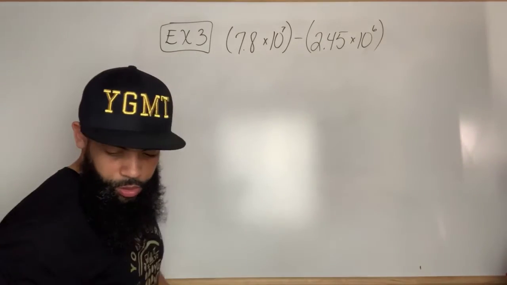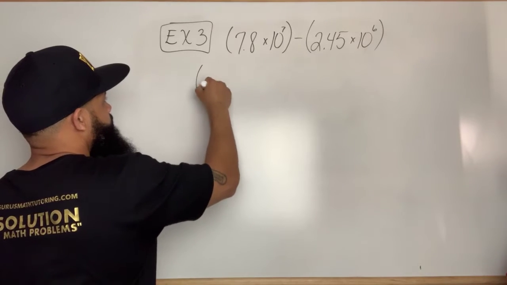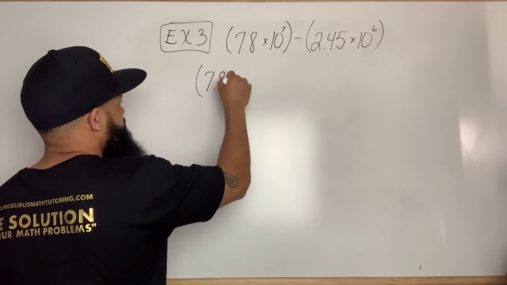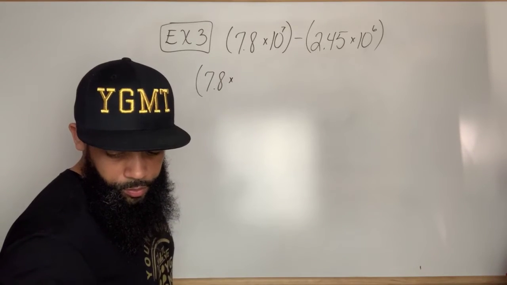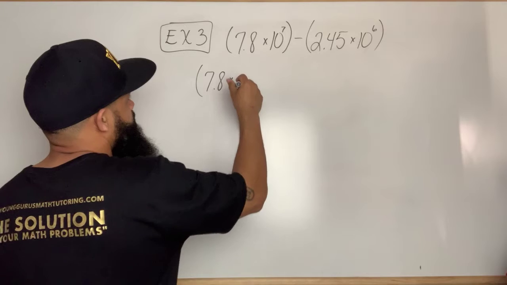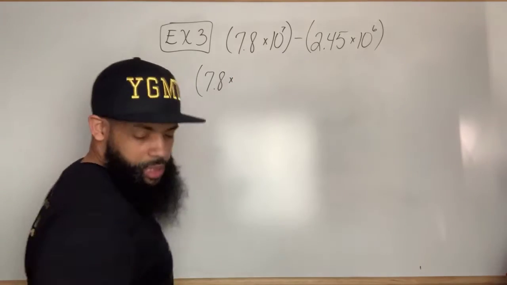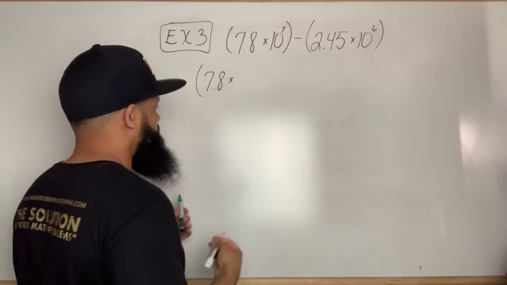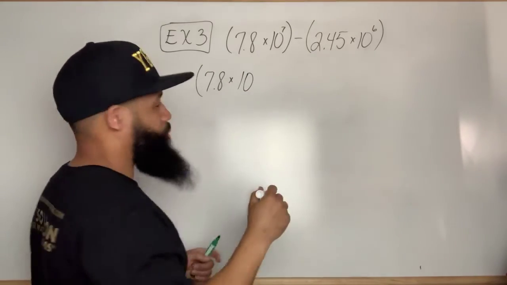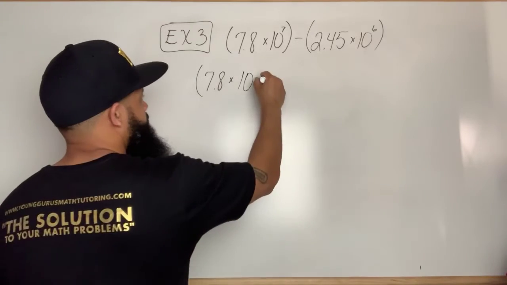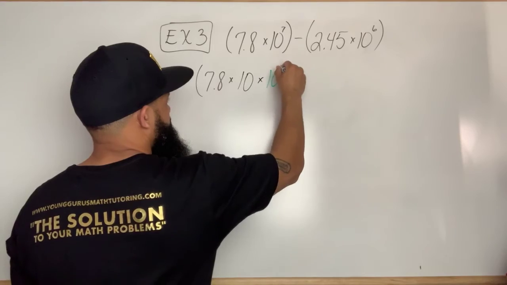So what I want to do is say this is 7.8 times 10, which is 10 to the 1 power, so I'm just going to write 10, and then times 10 to the 6th power.